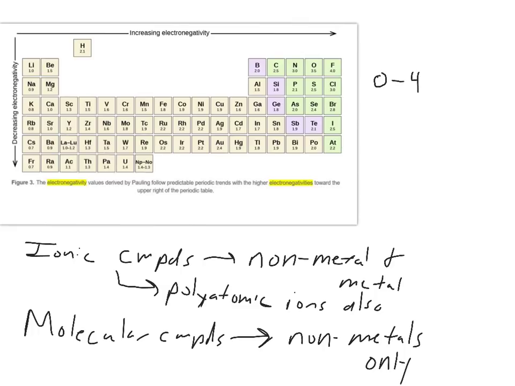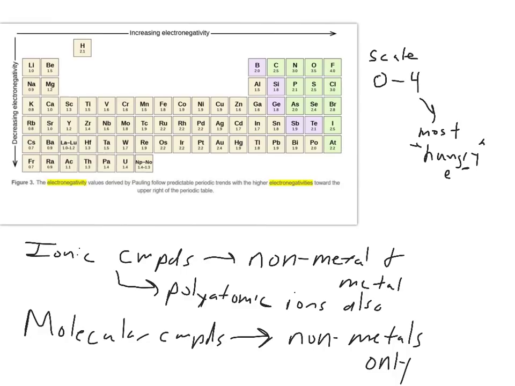That's the electronegativity scale, where 4 is the most hungry for electrons, quote unquote, and towards 0 is less hungry, or the ability of the atom to attract electron density to itself.